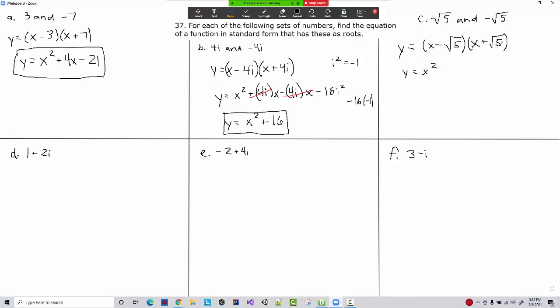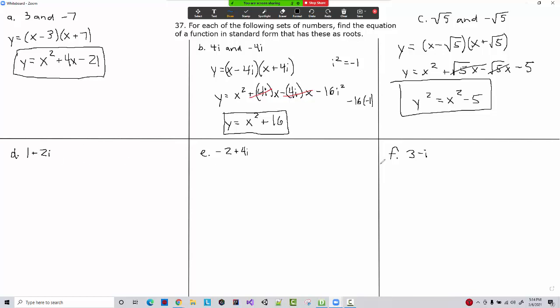I have plus root 5 x, and then minus root 5 x, and then a negative root 5 times positive root 5 is just minus 5. My middle terms cancel out, and so we just end up with y equals x squared minus 5. And that is our function in standard form.